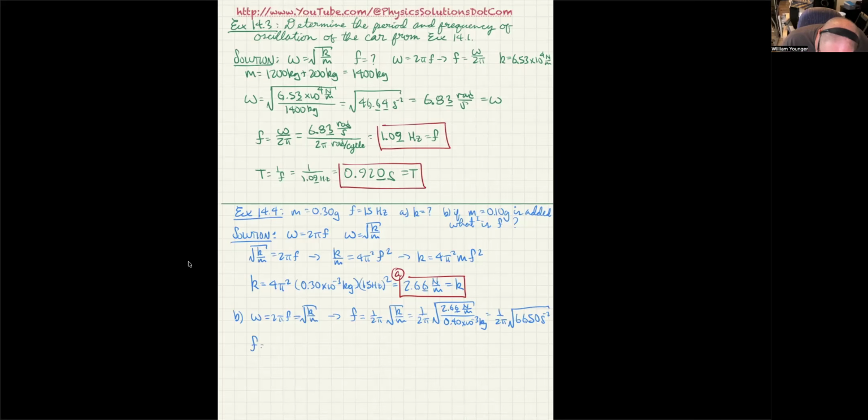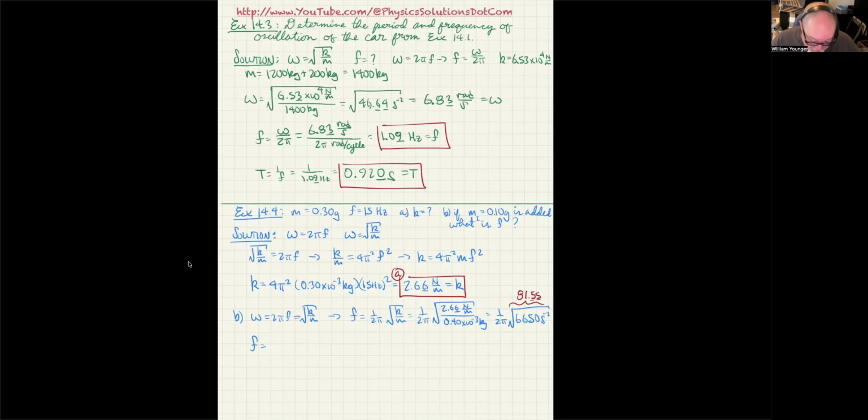So f is equal to, I'm going to take the square root of that number, and the square root of 6,650 is 5 times the square root of 266, which is not that helpful, but it's also 81.5. So I'll just write that here just in case anybody has any problems when they're doing it. This is roughly 81.55.